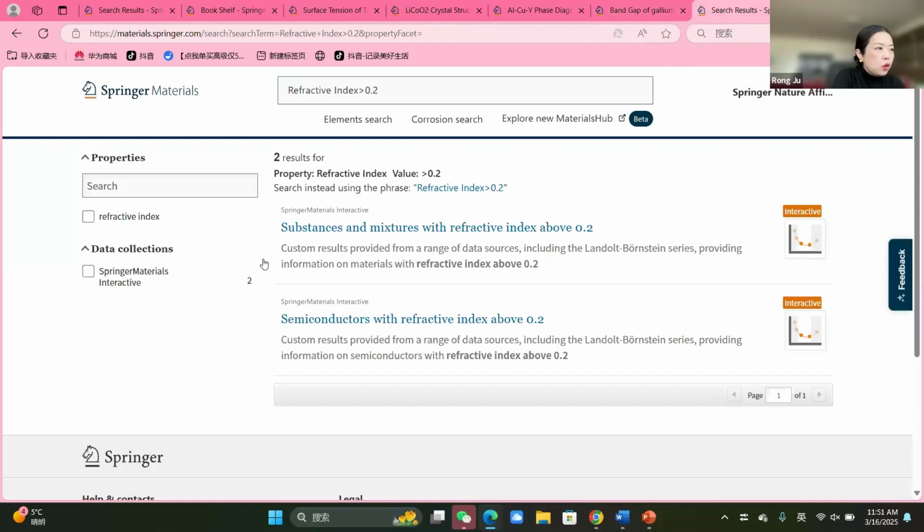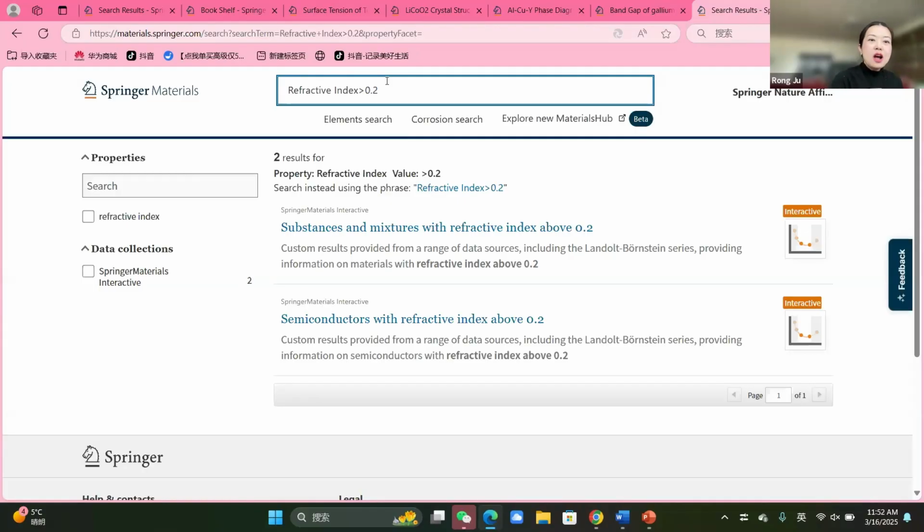So the last example is how do we search for materials? Like in all the examples I mentioned, we know the material or substance, and we want to know a certain property. But in a lot of cases, especially when we design an experiment or are trying to solve a problem, it's more like I need a material or substance that has a certain property.